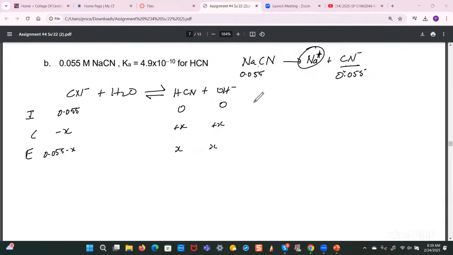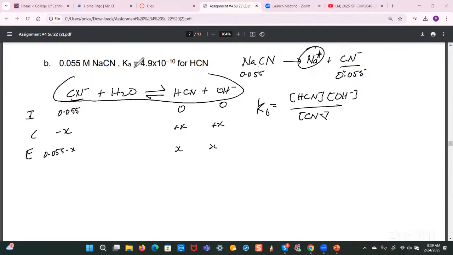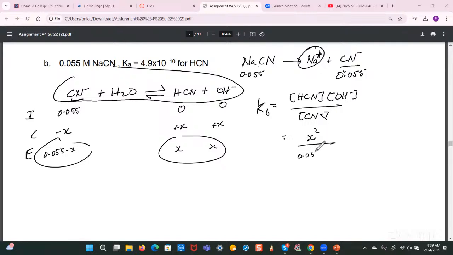Now, we can write down the Kb expression because remember, we're dealing with a base. So the Kb expression would be the concentration of HCN times the concentration of OH minus divided by the concentration of CN minus. This is based on this equilibrium equation right here. So all we have to do is put these terms into this equation, and this becomes x squared over 0.055 minus x, and that will be equal to Kb.